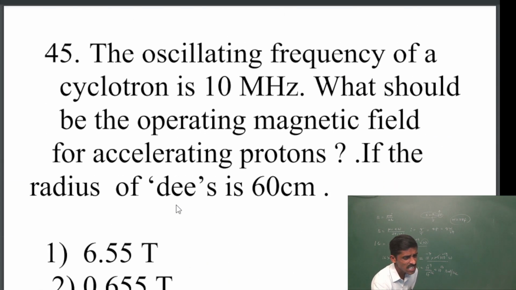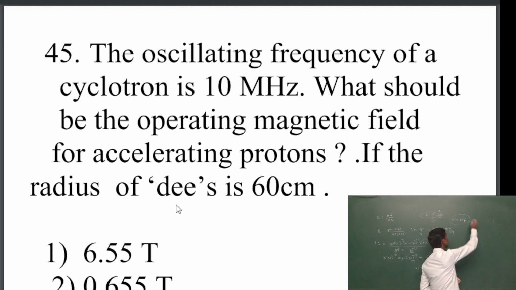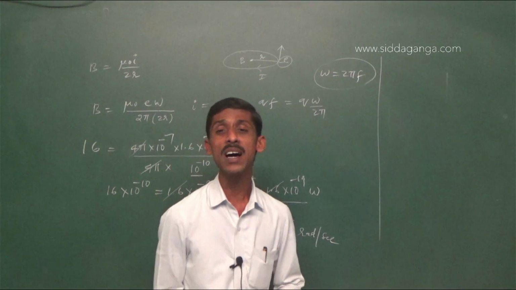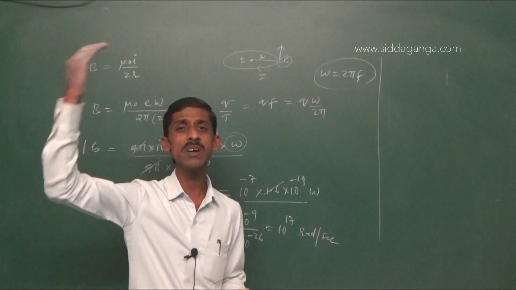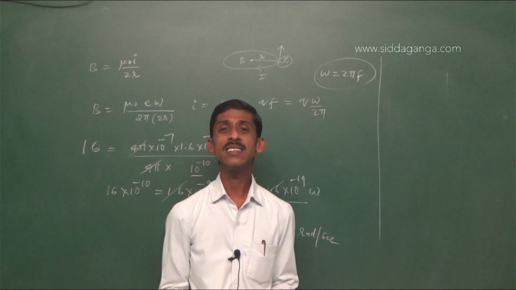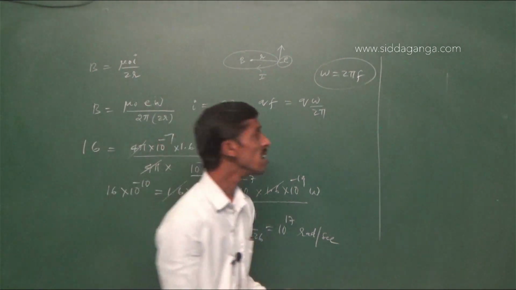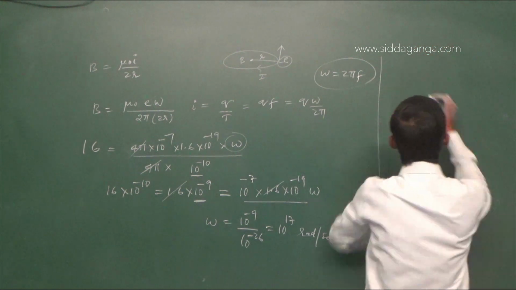The oscillating frequency of a cyclotron is 10 megahertz. What should be the operating magnetic field for accelerating protons if the radius of the D is 60 centimeter? The radius of the D is the radius of the circular path, so maximum radius is equal to the radius of the D. So what is the frequency of revolution?